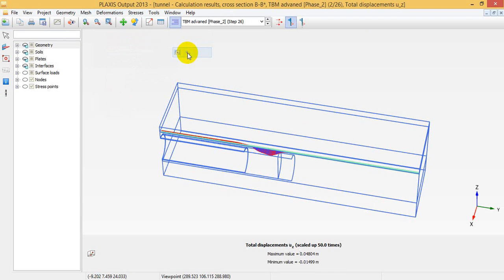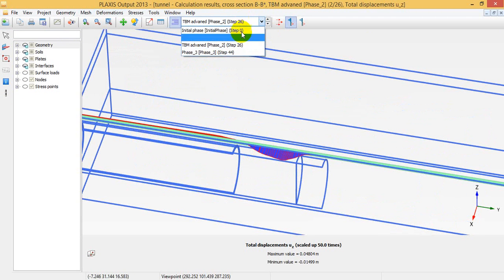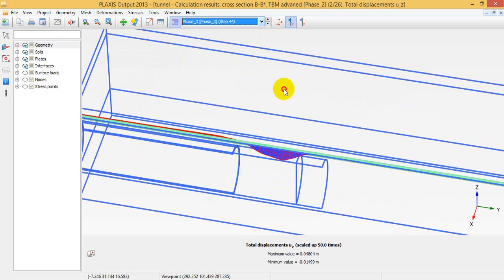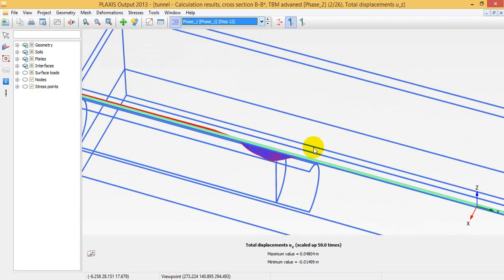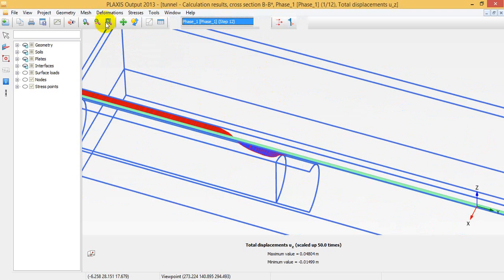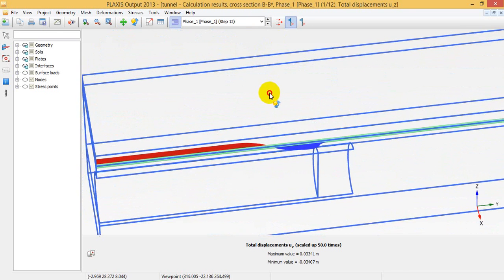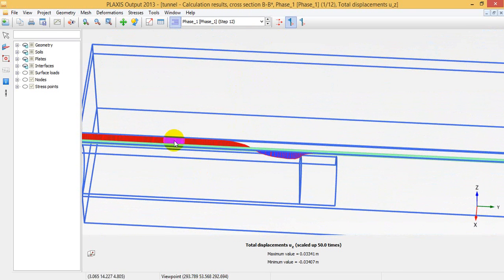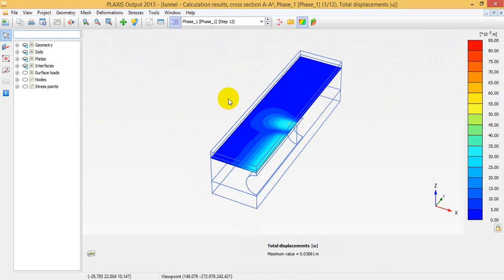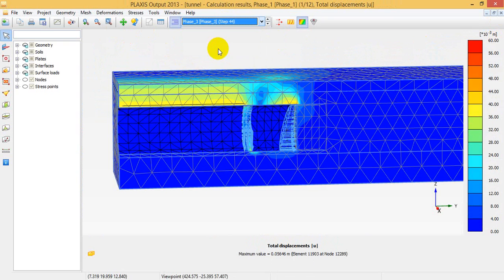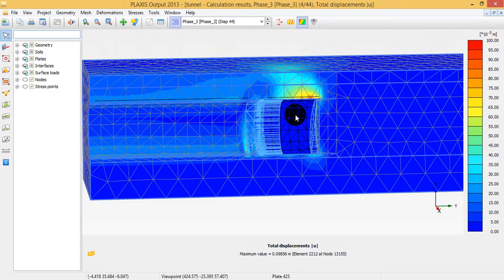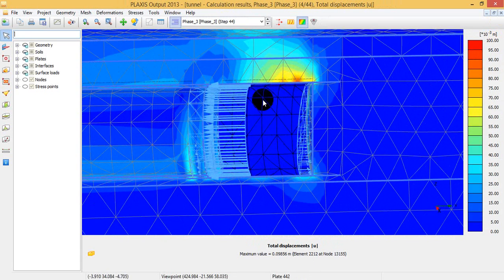This is for use it, and for the second phase, this is the pure progress of your tunnel, the free and green chill, and this is your total displacement that happened in this area. So this is the total displacement in each phase, and then change to another part.